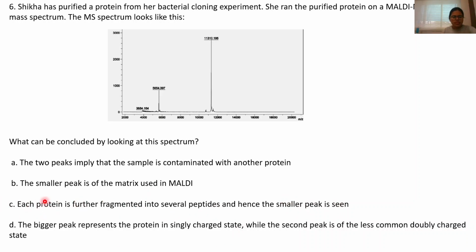If there are several peptides, they might have different molecular weights and you will not see just one peak. So this information is incorrect. Generally in case of MALDI, you will see a second peak of doubly charged state.